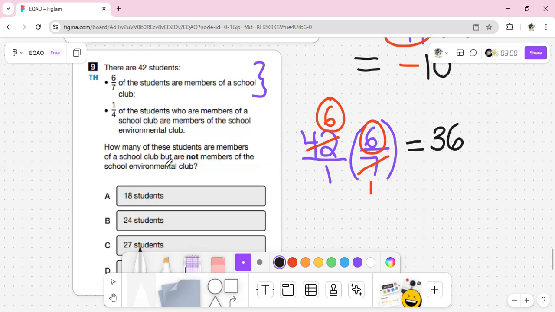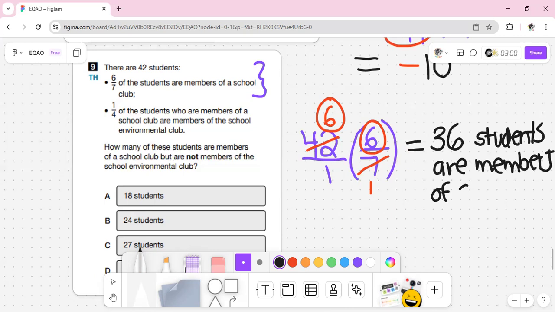So if 6/7 of the students are members of a school club, then 36 students are members of a school club. 36 students, remember that number.